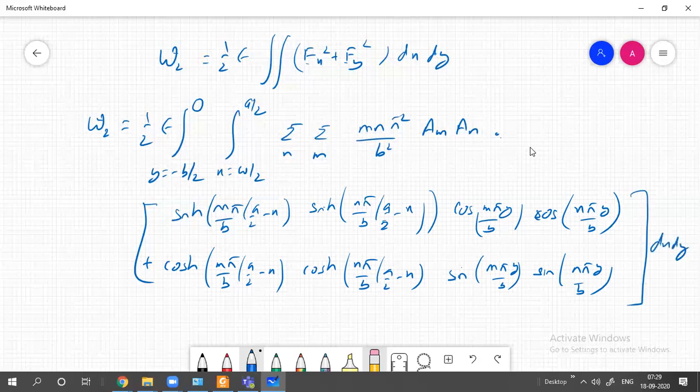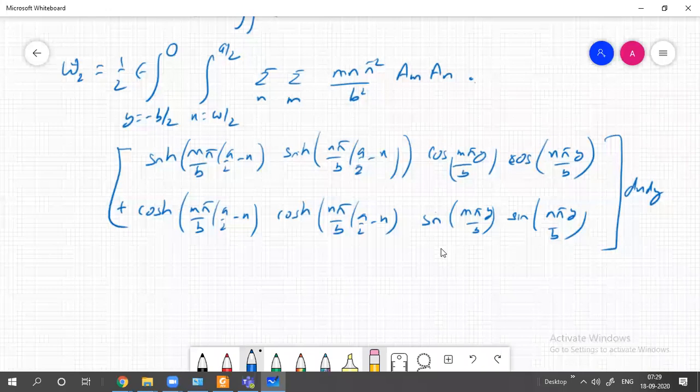So we need to find the energy stored, which means we need to solve this integral.